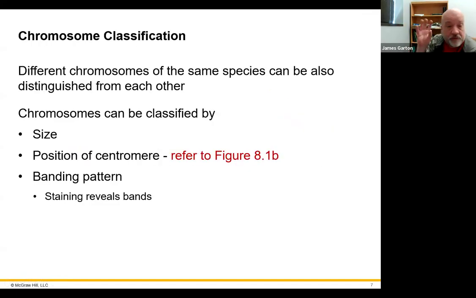And so you can classify chromosomes in a variety of ways. You can order them by size, and chromosomes are usually just given numbers. And chromosome number 1 is the biggest, and then number 2 is the second biggest, and so on and so forth. If the species in question has sex chromosomes, they are given usually letter designations.